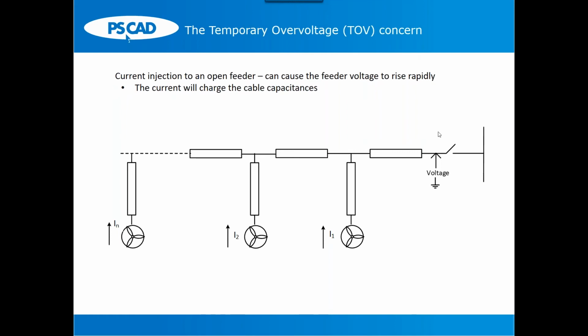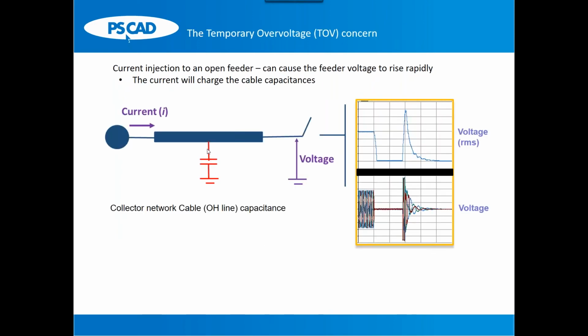Once you open the feeder, if the control systems of the wind turbines don't identify that the feeder is now open, and if the controls don't act fast enough, there is a chance that these wind turbines can keep injecting currents into the cables.